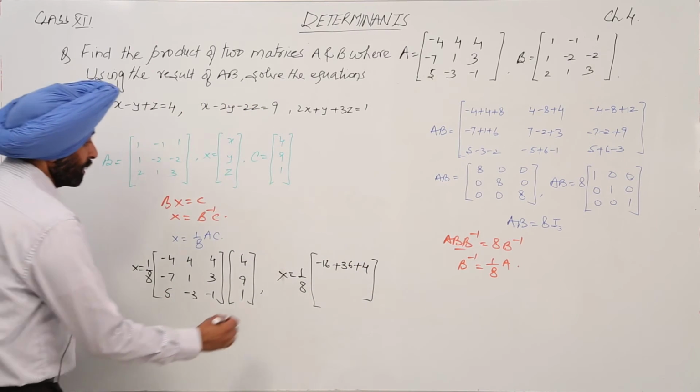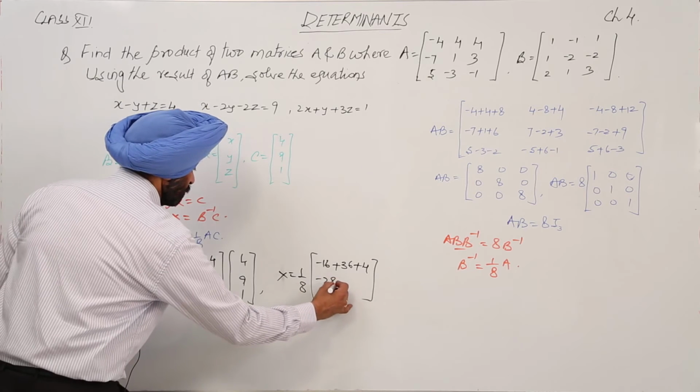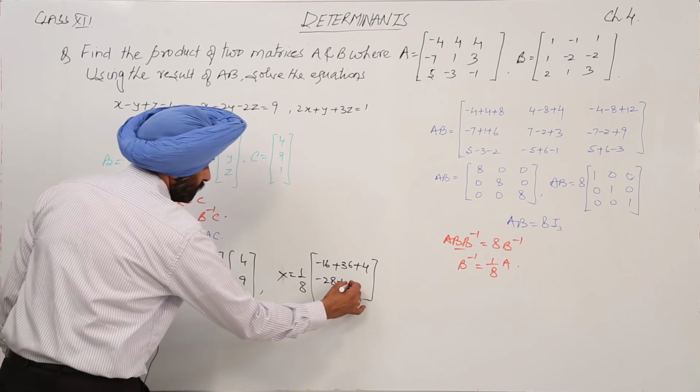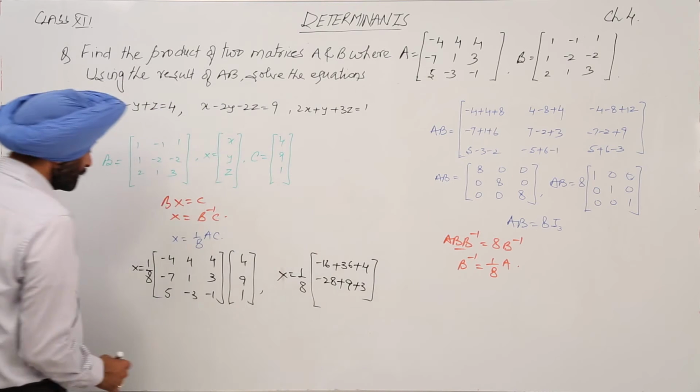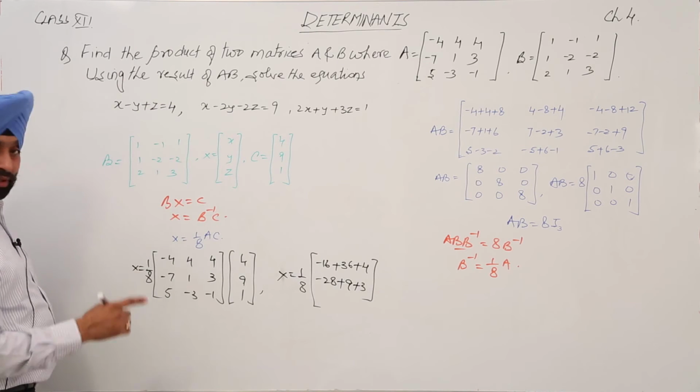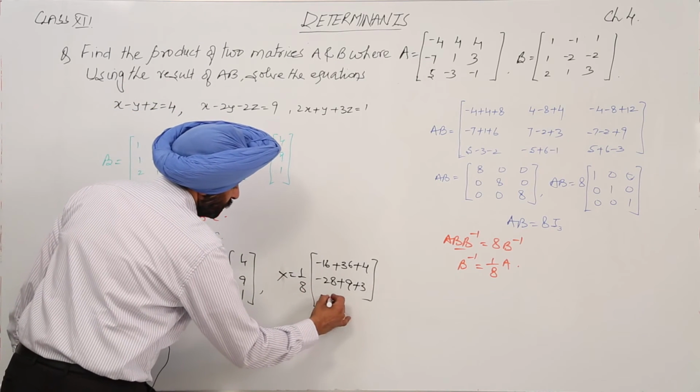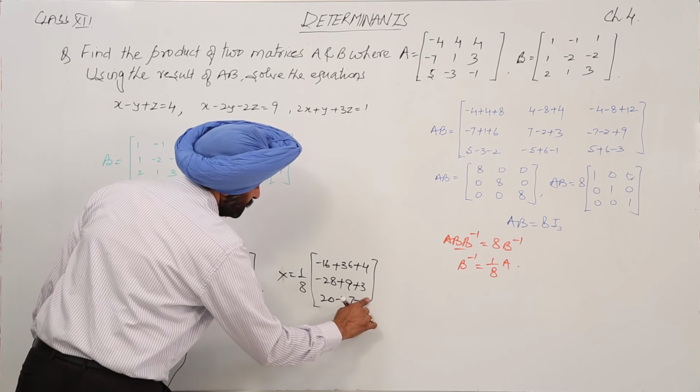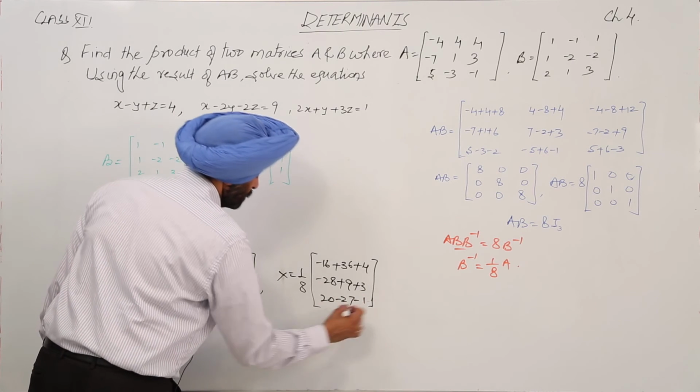Then we are having minus 28 plus 9 plus 3. And then we are having 20 minus 27 minus 1. Okay.